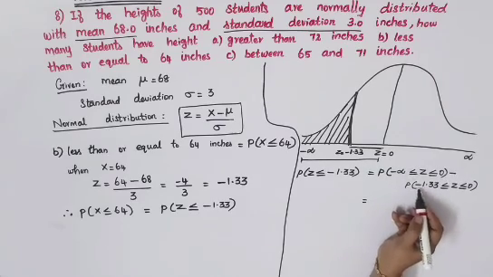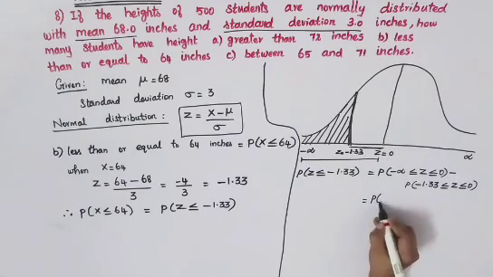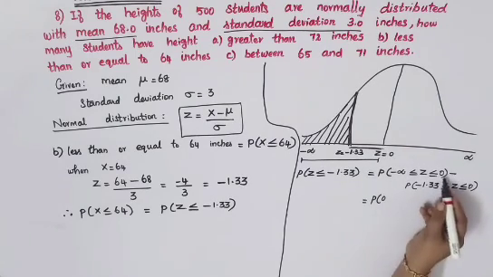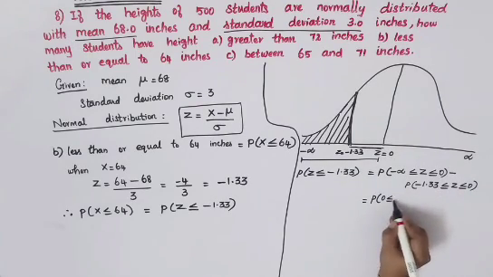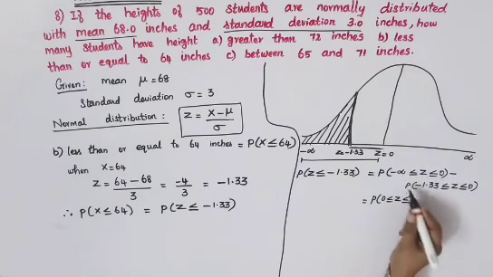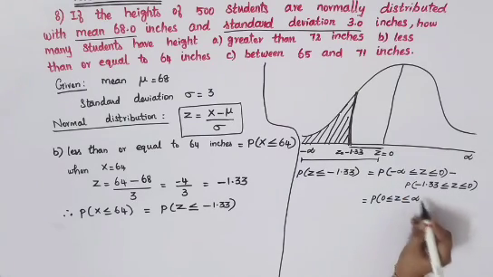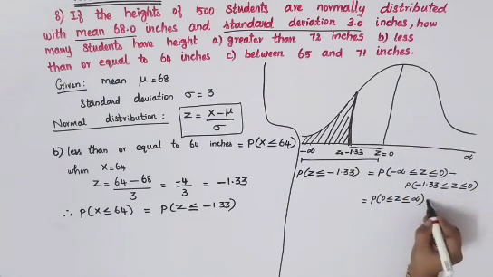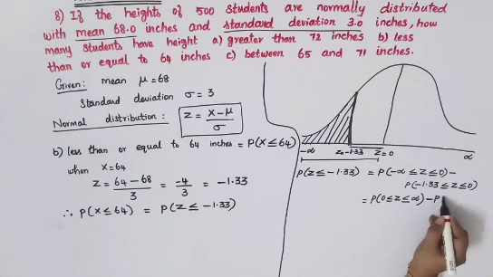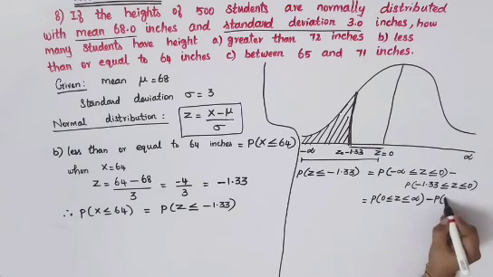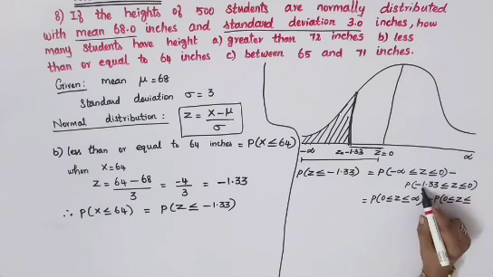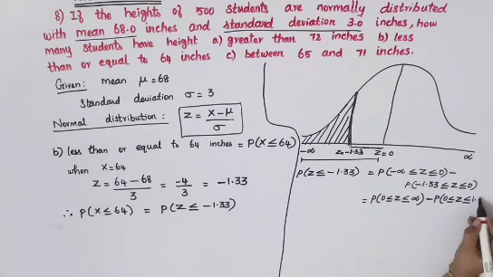Since you have negative values, you can convert to positive values as P of 0 less than or equal to Z less than or equal to infinity, minus P of 0 less than or equal to Z less than or equal to 1.33.